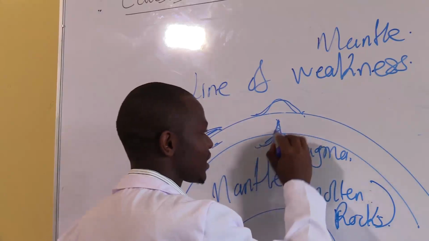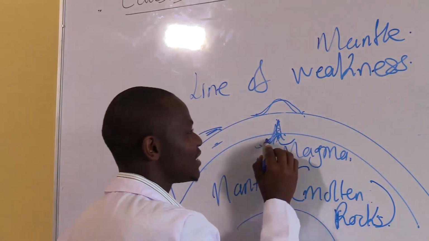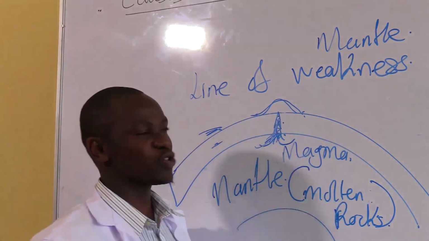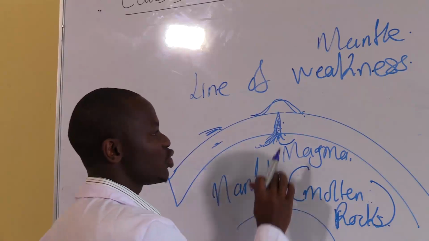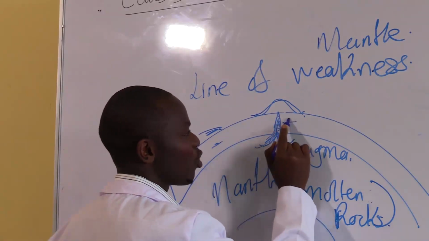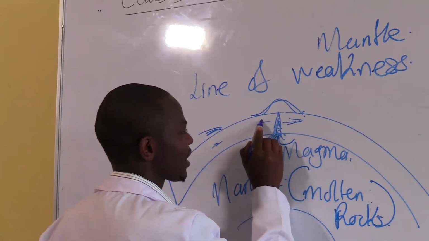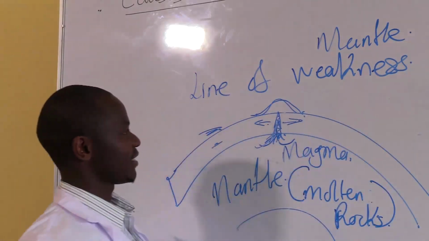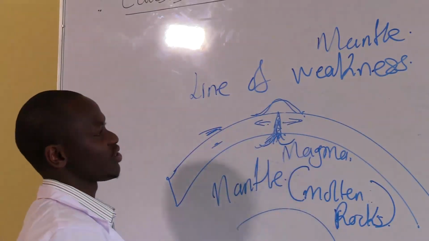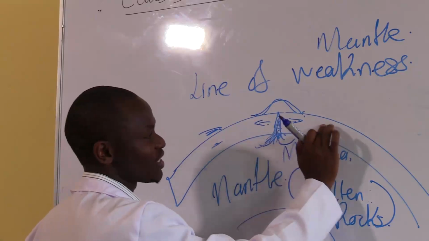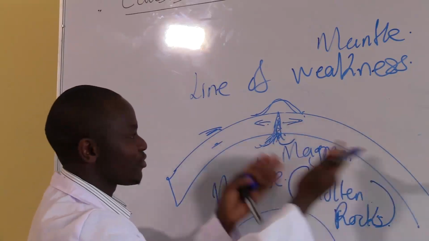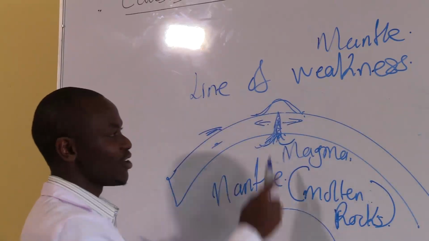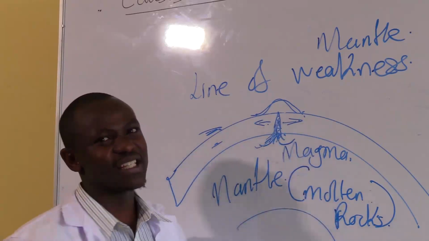Or, as the magma is forced outwards, it will push these crustal rocks near that line of weakness to move horizontally, either towards the left or towards the right from that line of weakness.